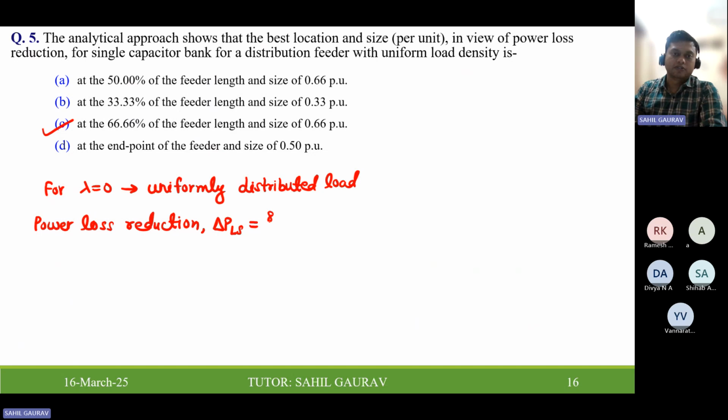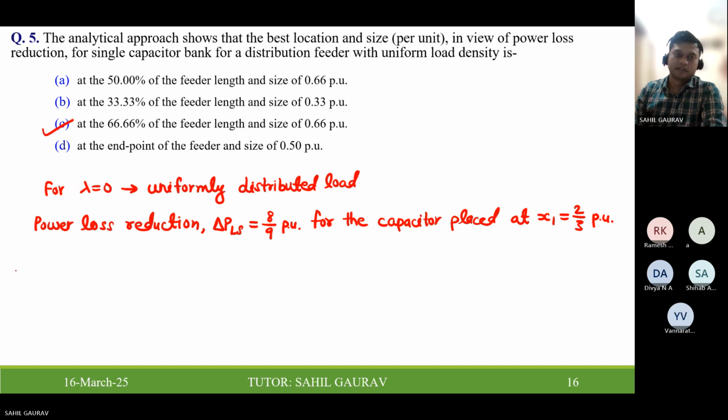Delta PLS is 8 upon 9 per unit for the capacitor placed at x1 equal to 2 upon 3 per unit distance, with size 2 upon 3 per unit.